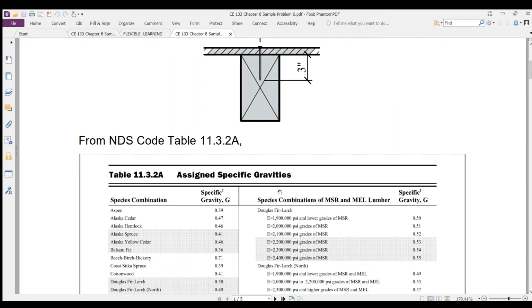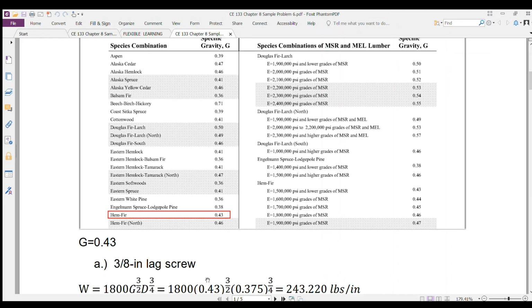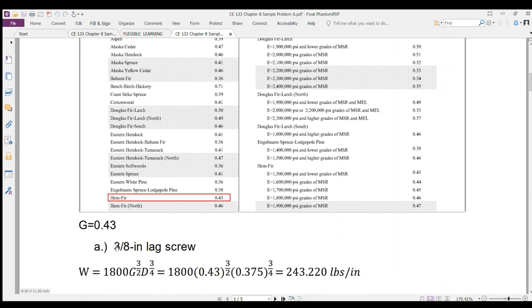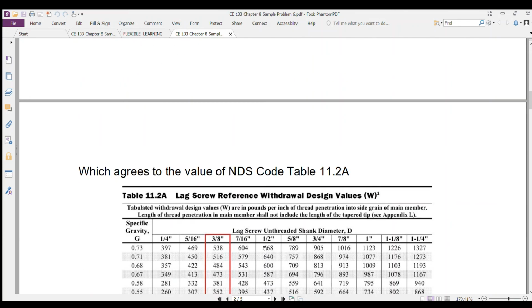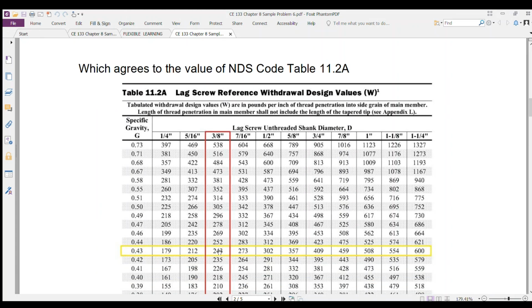Based on NDS code 11.3.2a, the specific gravity of hem-fir is 0.43. Using the 3/8-inch lag screw and substituting the values for G and D, we have 243.23 pounds per inch, which agrees with NDS code table 11.2a, 243.